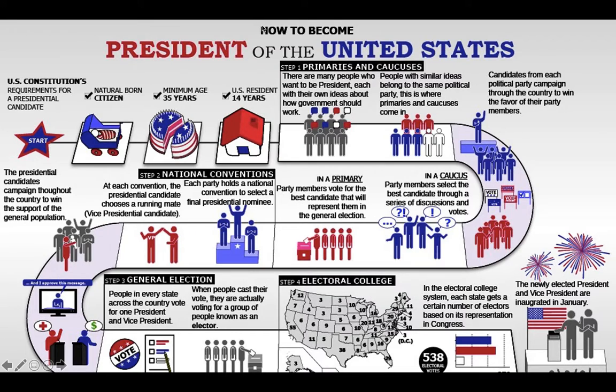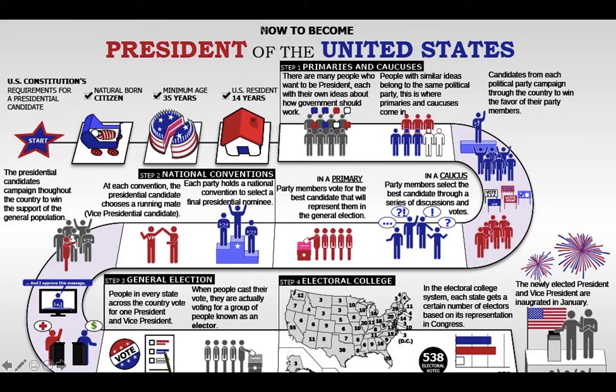And then national conventions are held where the formal nominations occur. And then you hit the campaign trail, trying to gain the support of the general population. And then in November, usually the first Tuesday after the first Monday in November, we have the general election where people in every state across the country vote for one president and one vice president.